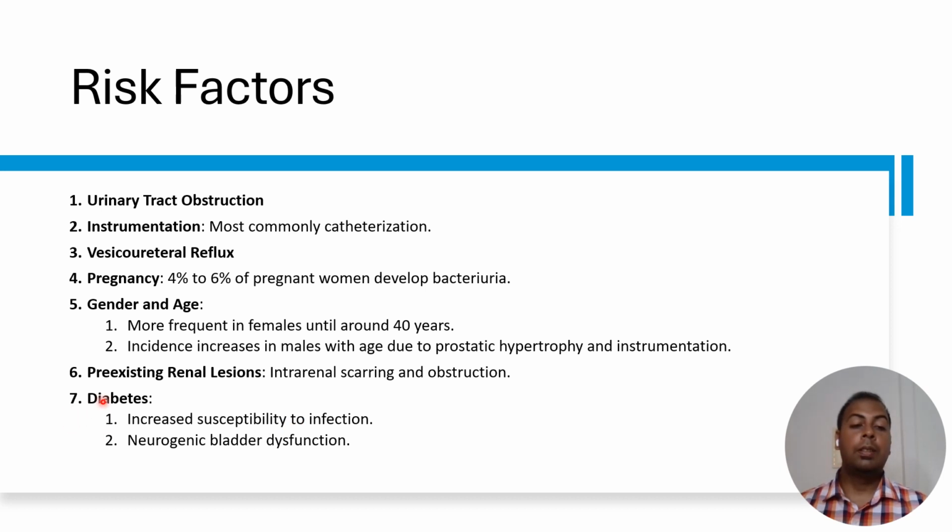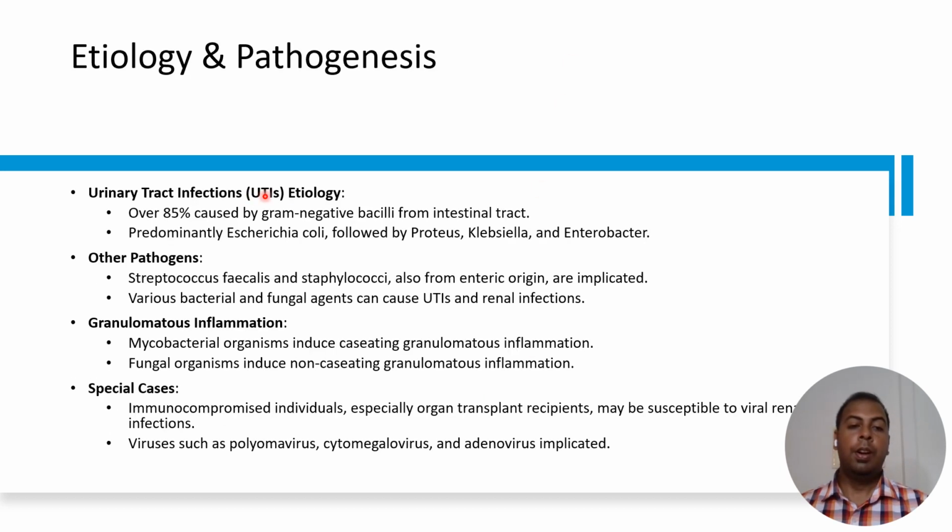Another reason is patients with diabetes could have autonomic neuropathy, and that could lead to a neurogenic bladder. And that would lead to stasis, which is going to predispose to pyelonephritis.